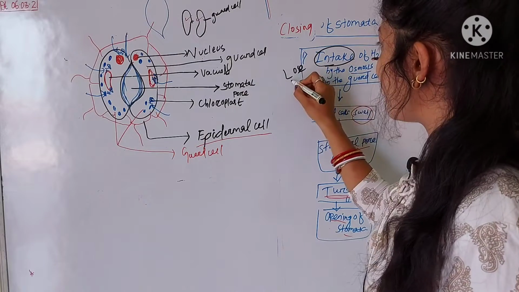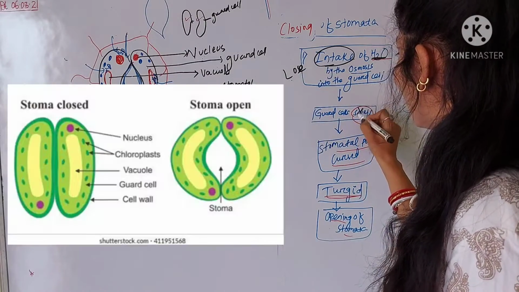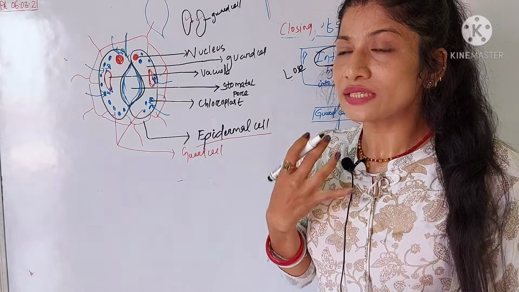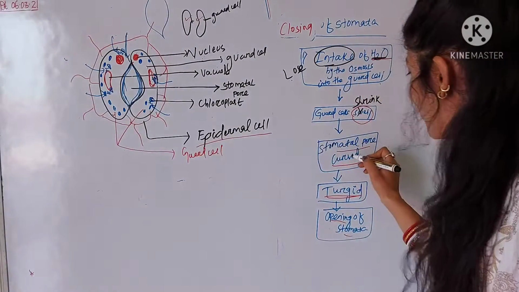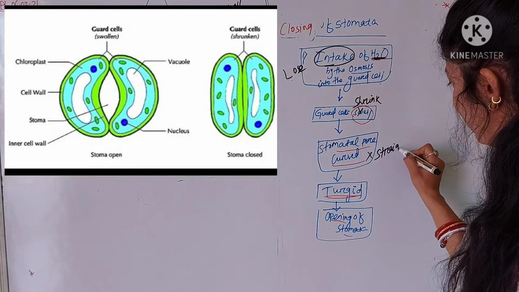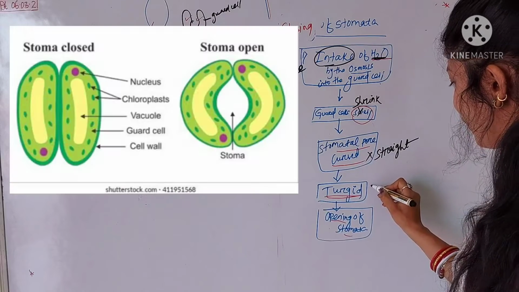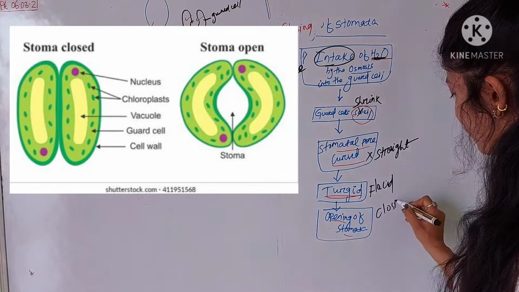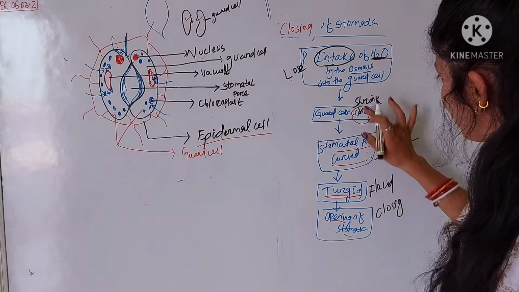After that the guard cell shrinks. The shrinkage of the guard cell takes place and the stomatal pore becomes straight. Okay, it becomes flaccid, and finally closing of stomata.